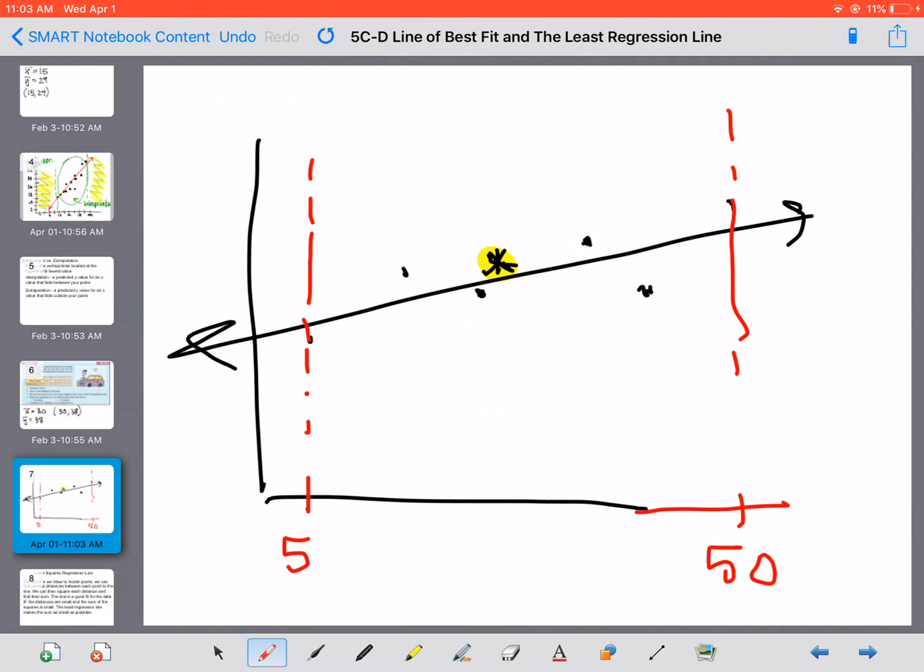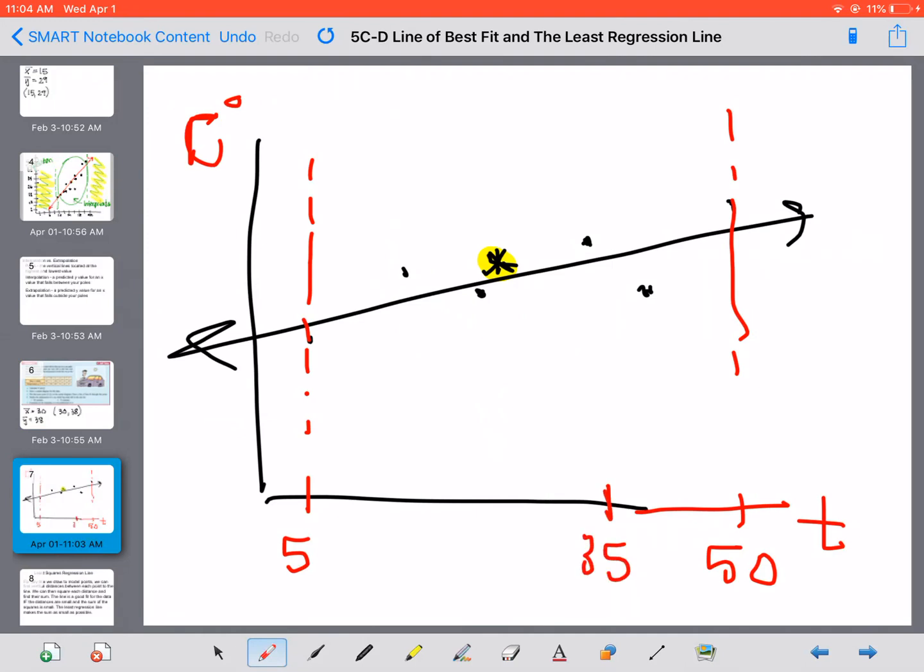So the problem said to predict the temperature of the car, which is your y. This is your time, excuse me, this is your x, your time, and this is your temperature in degrees Celsius. It says predict the temperature of your car after it's been left in the sun for 35 minutes. When we look at this, 35 minutes falls around here.